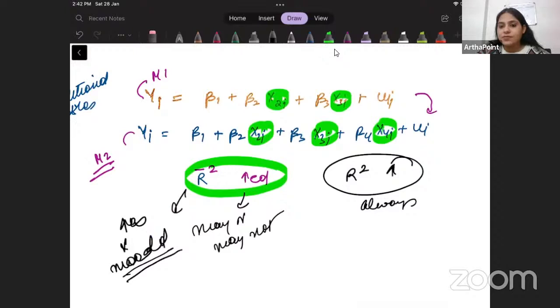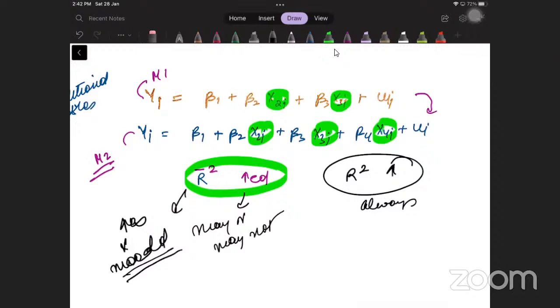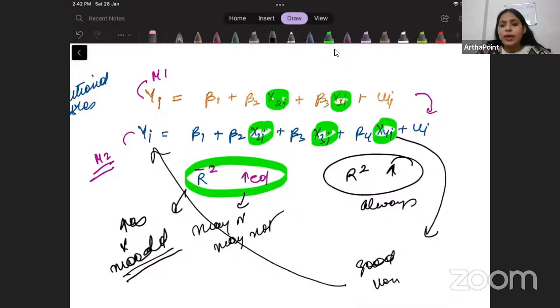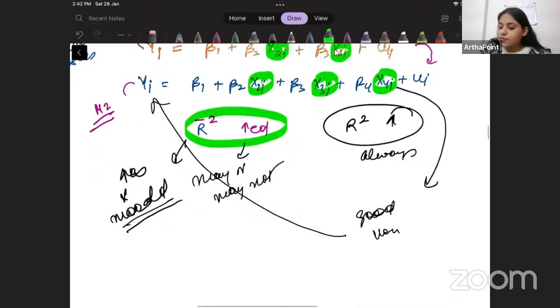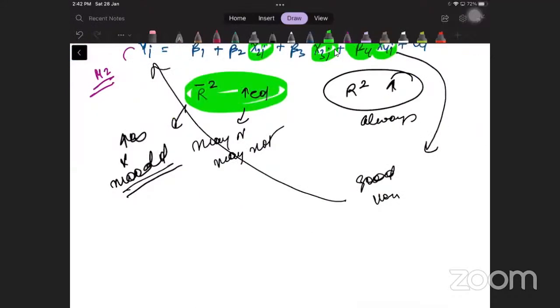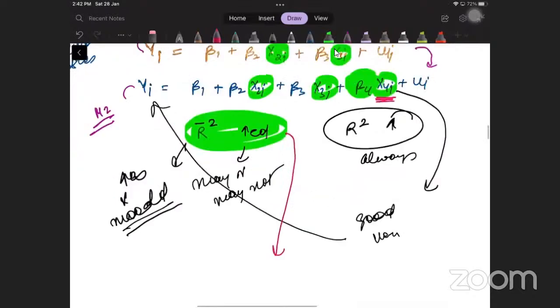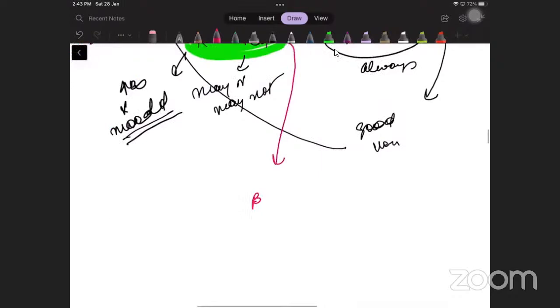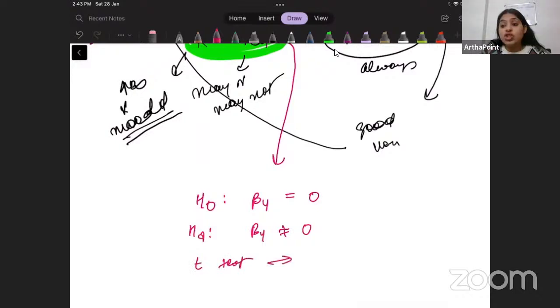And when will this increase? See, it will increase only if the variable that is added is a good variable. It impacts y. And how do I know if it is a good variable? By testing beta 4. R bar square will increase only if the additional variable that you have added, in this case x4i, has a corresponding beta 4 for which, when I test the null hypothesis equal to 0 against not equal to 0 with a t-test, the test is able to reject the null.